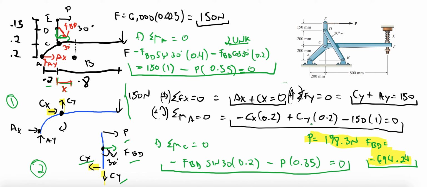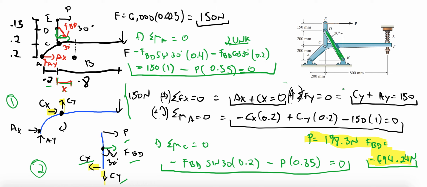So that's the answer, and just a quick recap before I go. I wanted to say that this problem, even though it looks kind of challenging at first, once you go through it and take it apart, you should be able to identify, or at least at some point you will identify, that this link BD, being a two-force member, is what's going to allow you to solve this problem.